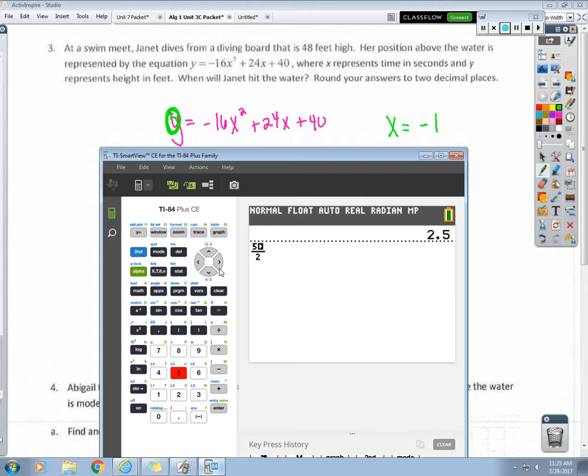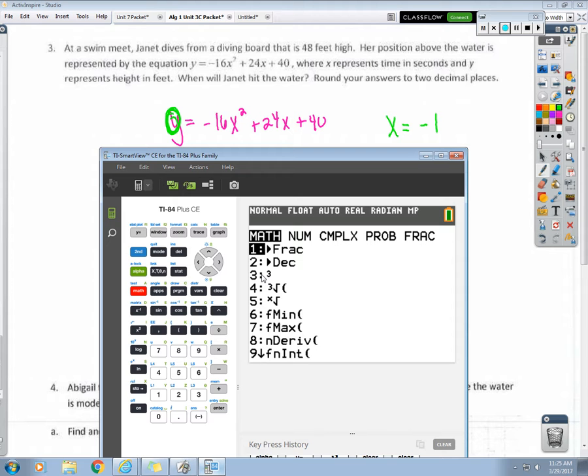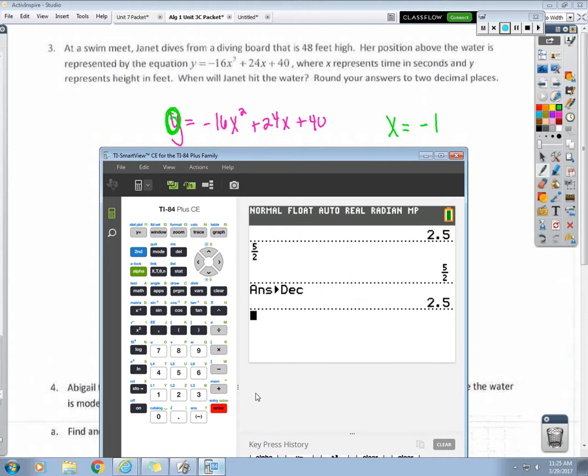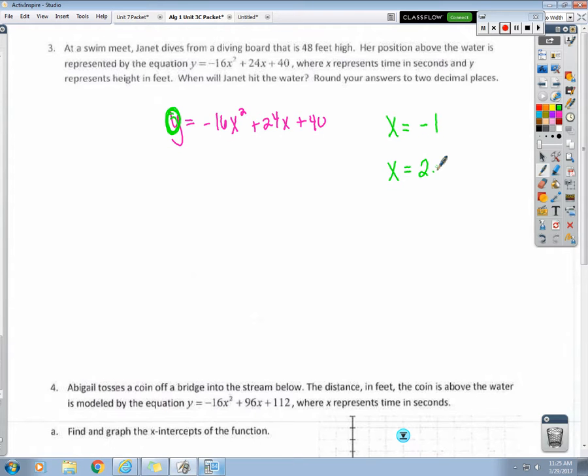Okay, to change this to a decimal, there's two options. Here's your two options to change it to a decimal. When the fraction is already sitting on your screen, you go to Math and number 2, decimal, and then you hit Enter. Or if you can't remember that, you can simply just type in 5 divided by 2, Enter. Okay, so you should get -1 and 2.5.